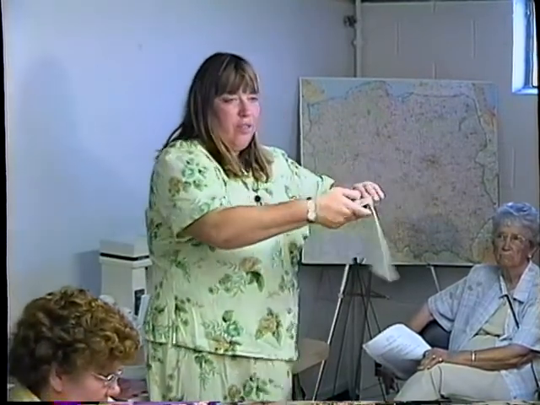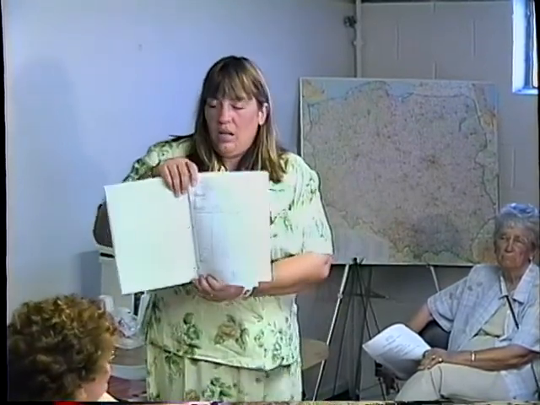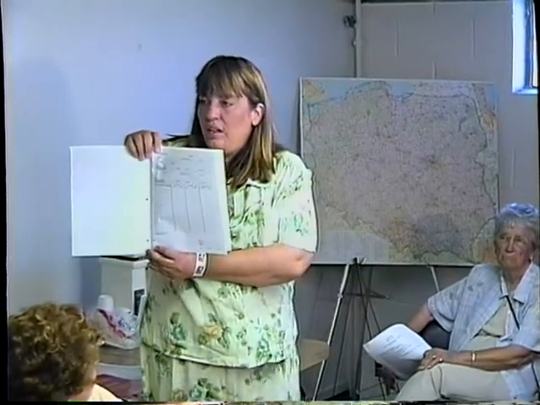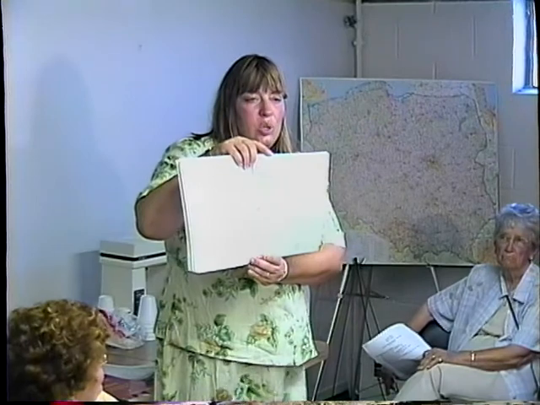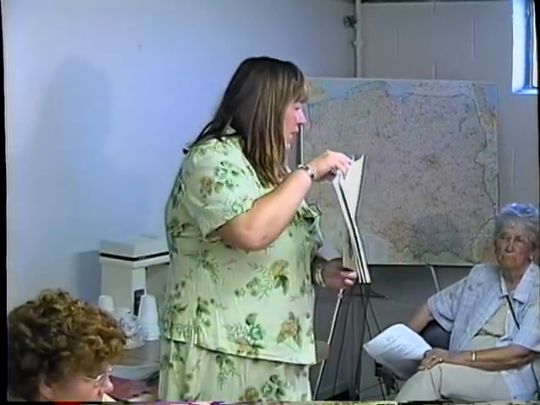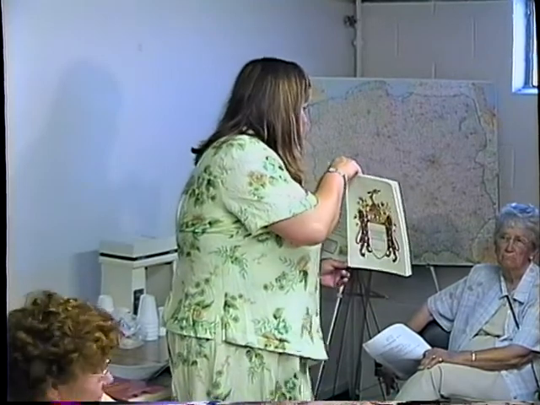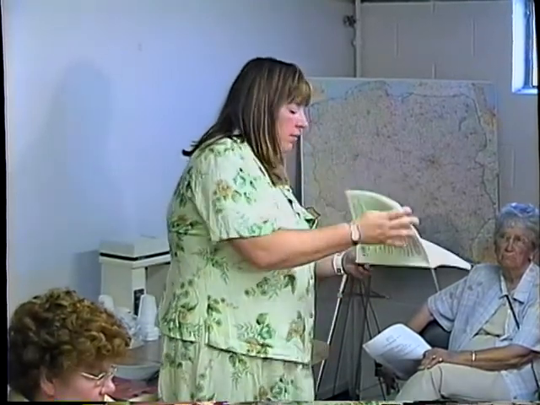There are things called a family group sheet, which look more like these. A lot of genealogists trade information like these family group sheets. This gives you a place to document name, dates, place, children, all kinds of good data.